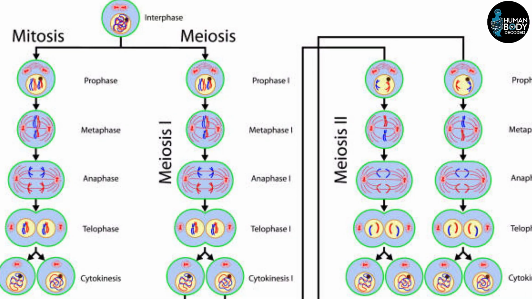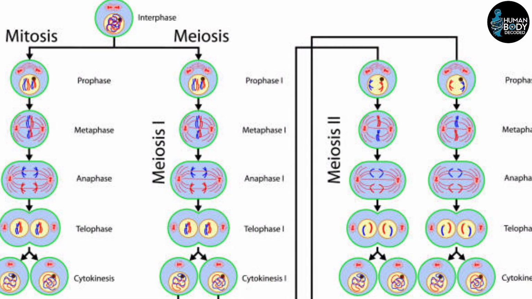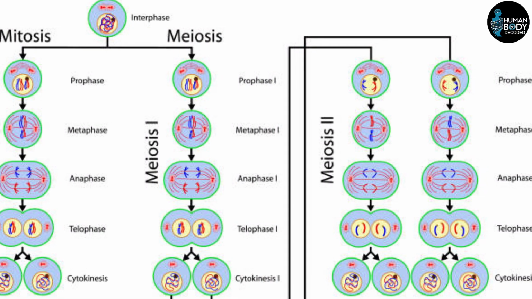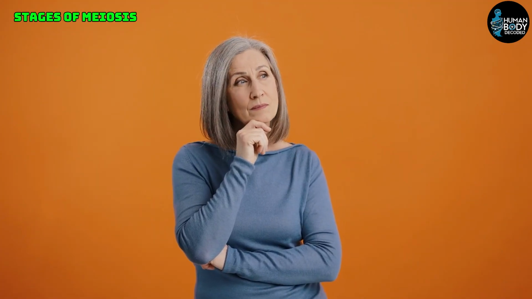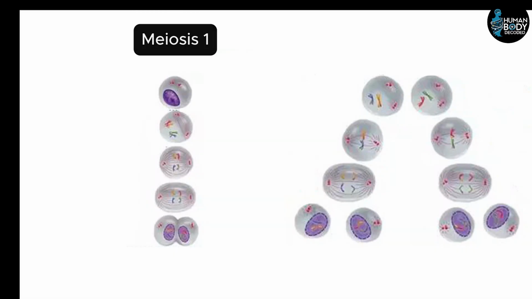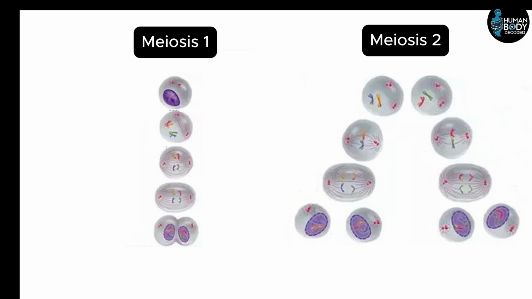Before diving into each stage individually, it's important to first understand the stages of meiosis using a chart so that you don't get confused while watching this video. This chart represents meiosis, which consists of two phases, meiosis I on the left side and meiosis II on the right side.